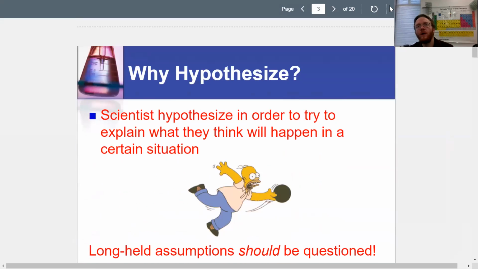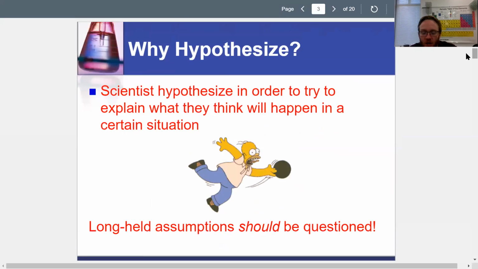Alrighty. So when you see things in the world and you've got a question about them, sometimes you can ask a question that you can go back and test for. These are generally going to be called hypotheses, or to make a hypothesis, or to hypothesize. Those are just multiple ways to say it, but scientists hypothesize in order to try to explain what they think will happen in a certain situation.